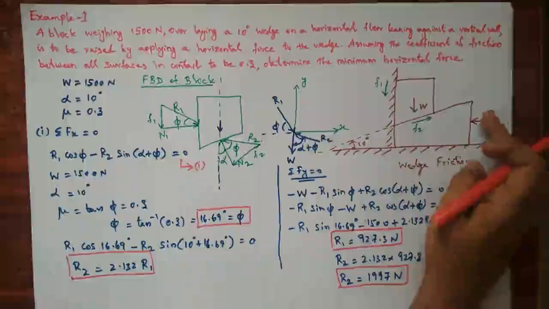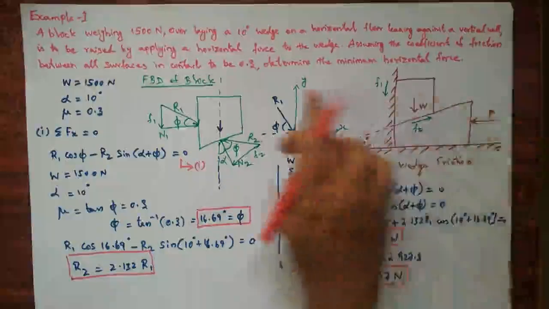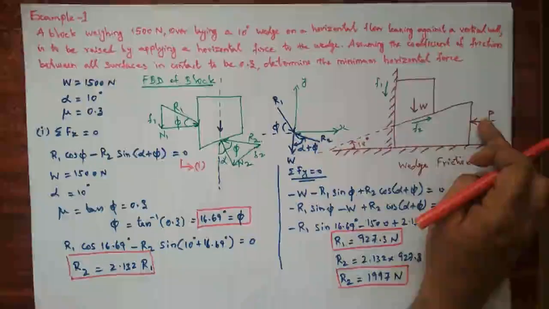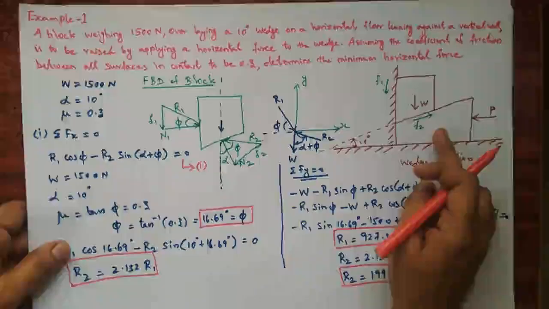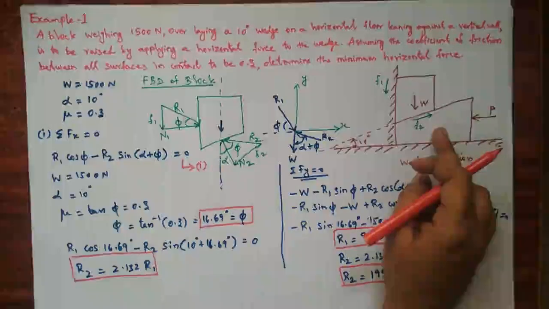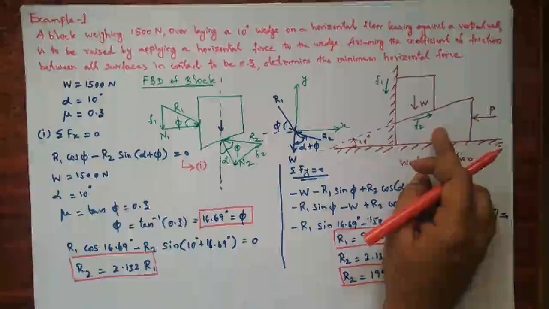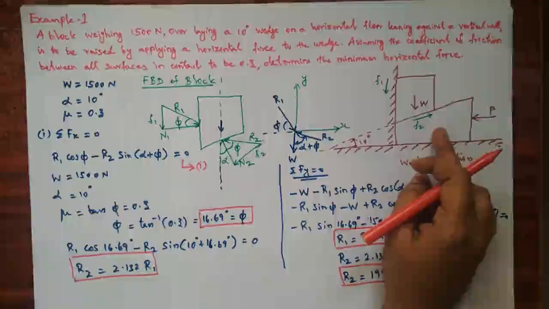Now next I am going to solve the wedge, so that I will find the external force, minimum horizontal force P. So let me solve this wedge problem. First of all, let me draw the free body diagram for the wedge.